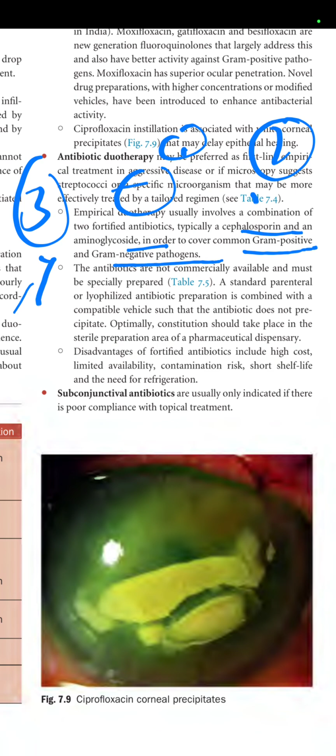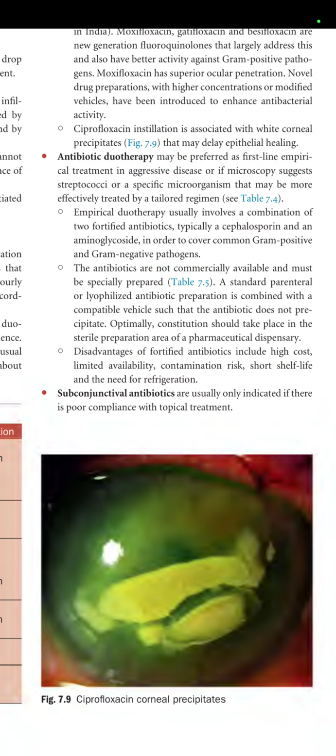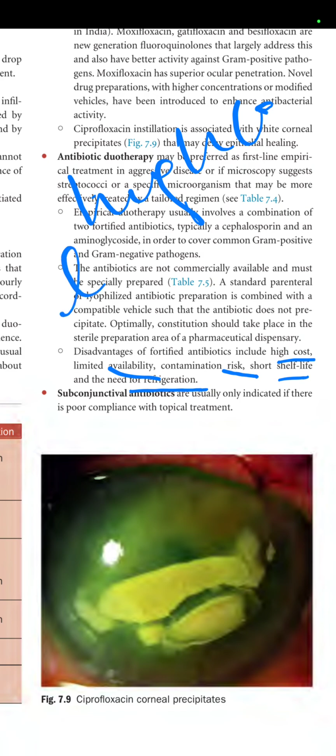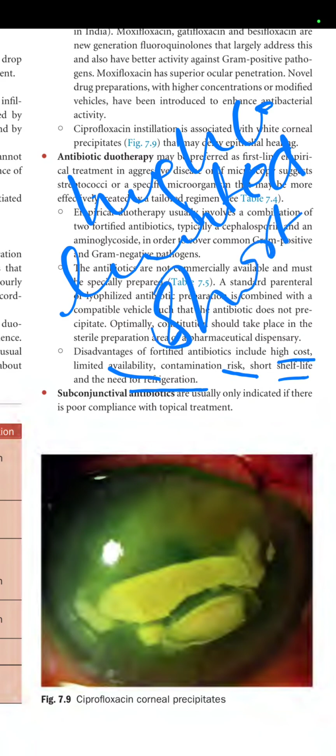Disadvantages of the fortified antibiotics include high cost, limited availability, contamination risk, short shelf life, and a need for refrigeration. So it has some disadvantages because it is very high cost and very limited in availability, and you have to prepare it yourself, and there is a risk of contamination, and a very short shelf life. You have to make it again and again.